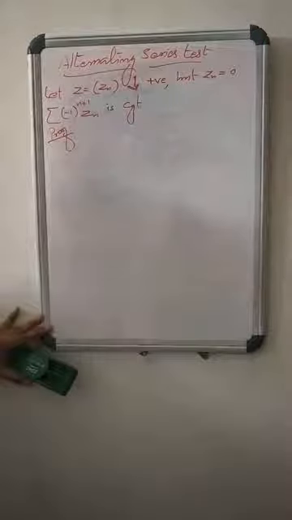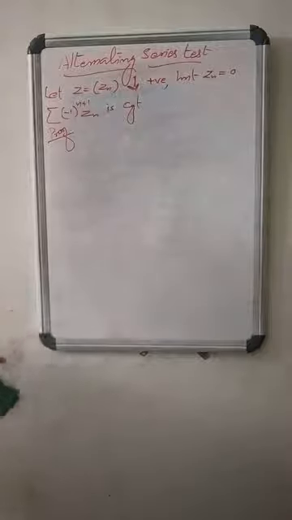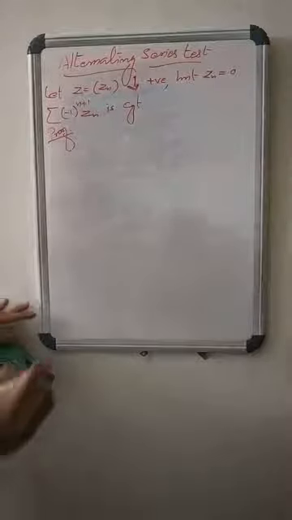Come to the proof. What is Z? Z = (zn) is a decreasing sequence of real numbers.